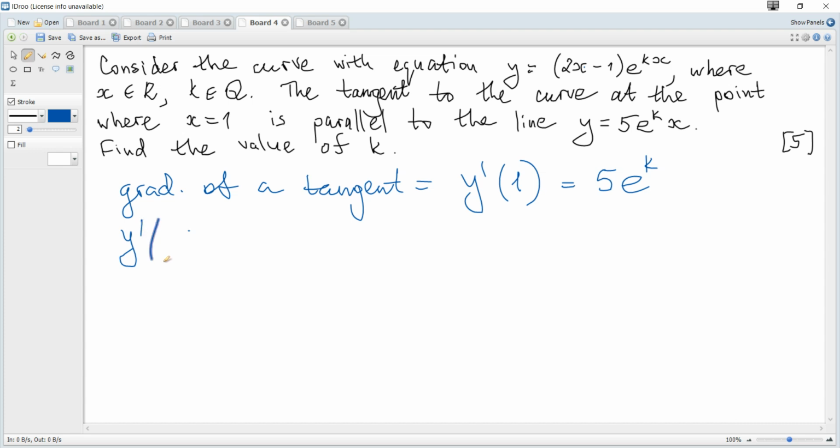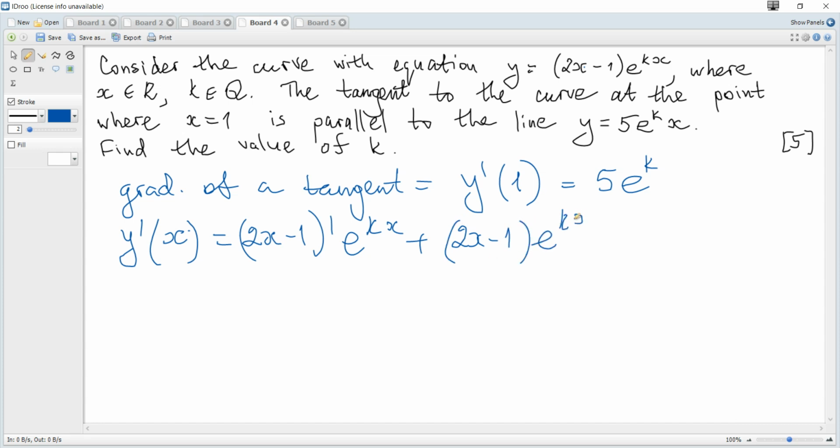Hence the derivative of y with respect to x is the derivative of 2x minus 1 times e to the power of kx, plus 2x minus 1 times the derivative of e to the power of kx. The derivative of 2x minus 1 is just 2, plus 2x minus 1 times the derivative of e to the power of kx.